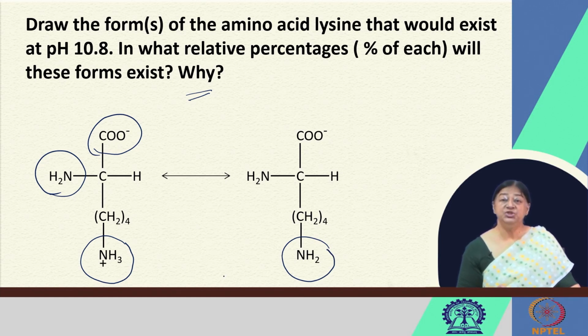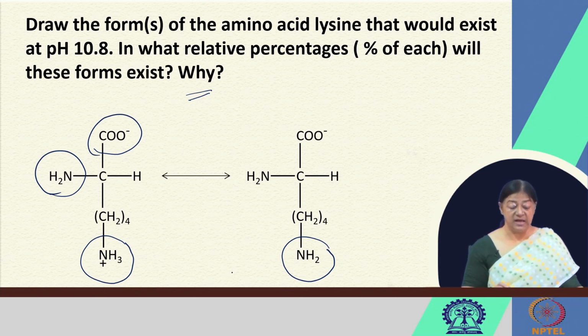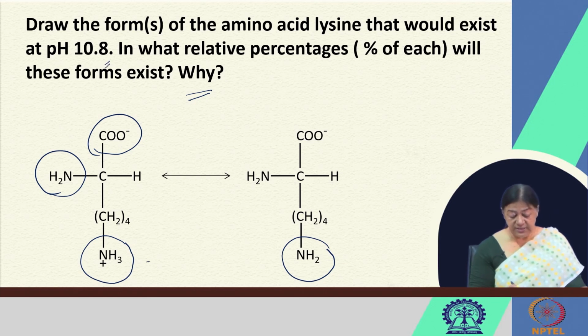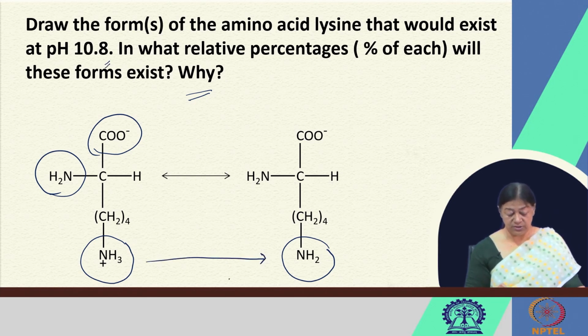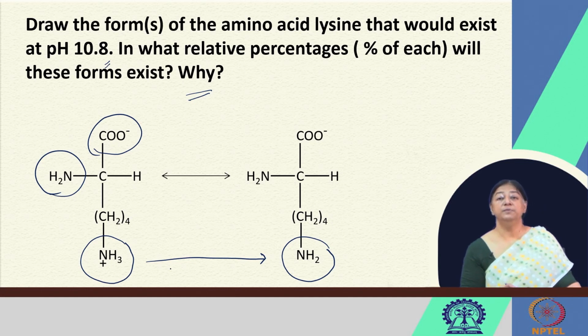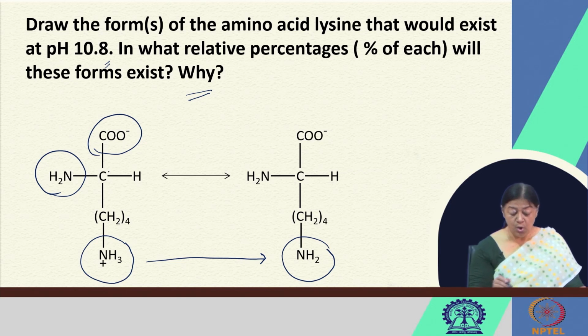So, at pH 10.8, if you remember from a previous class, pH 10.8 was the point at which this proton was lost. This proton that would originally have been present at a pH less than 10.8 is no longer present here, because we want to draw the forms of the amino acid at this particular pH. So, we have lost this proton very early.